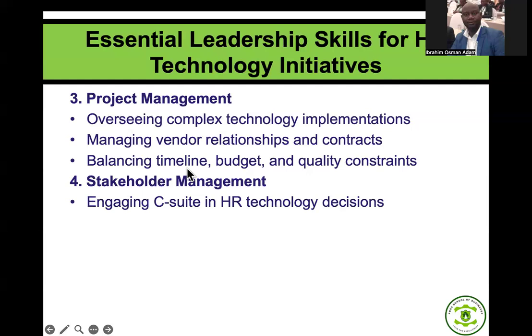A C-suite in human resource technology decisions means that you need to speak the stakeholders' language and address their concerns very well. Because if you are the leader and you want your board to buy into the technology you want to bring, you need to speak the language of the board. And the language of the board is that they are interested in what?